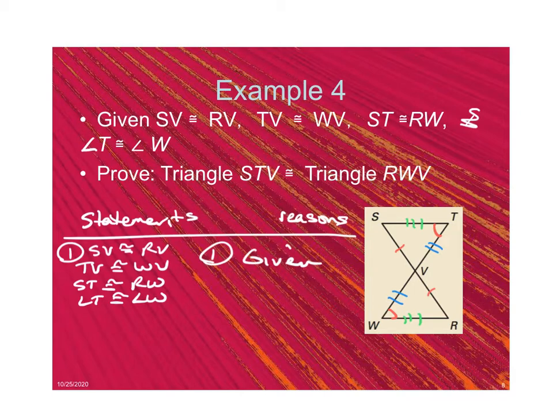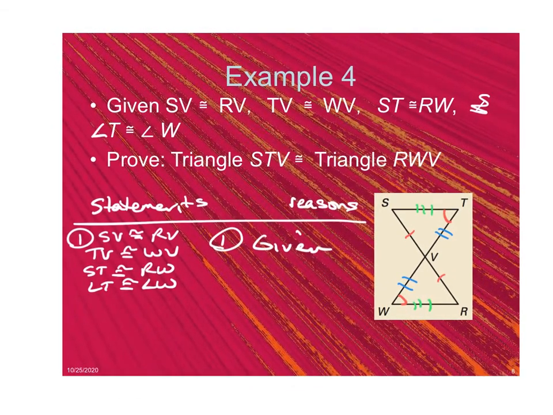Now, whenever you have this bow tie looking thing, generally what you're going to usually need to bring into your proof are the vertical angle pair. So we have a pair of vertical angles right here and right here that are congruent. Now, I can't just say angle V is congruent to angle V. I need to use 3 letters.